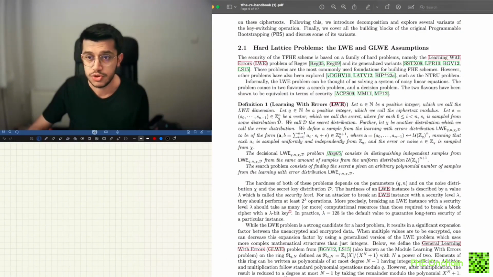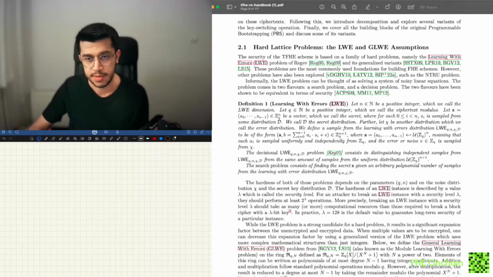We have another distribution, chi, and we sample the error from this distribution and denote it by e. Some resources use epsilon instead of e. That's okay, they are essentially the same.